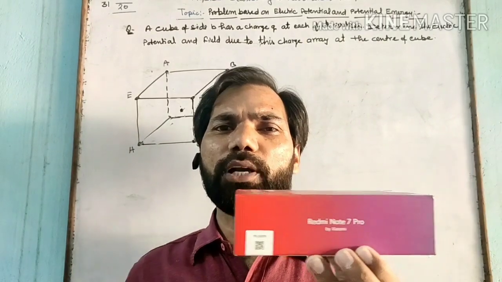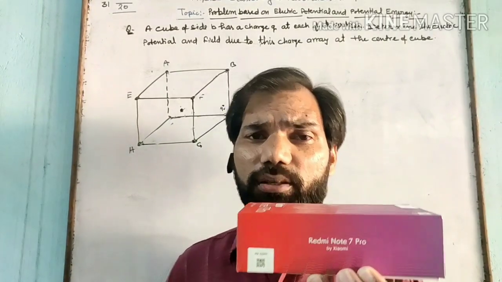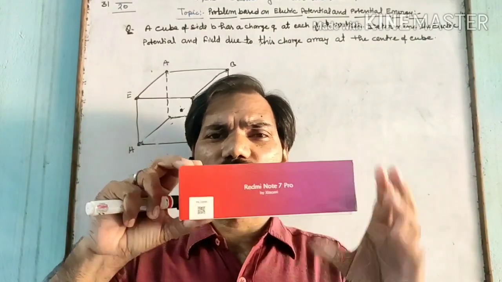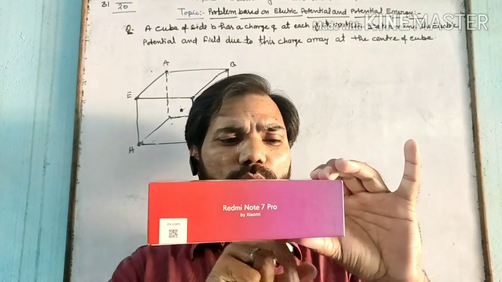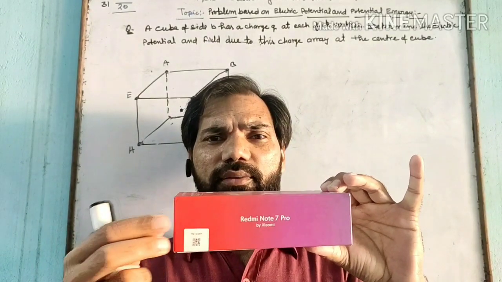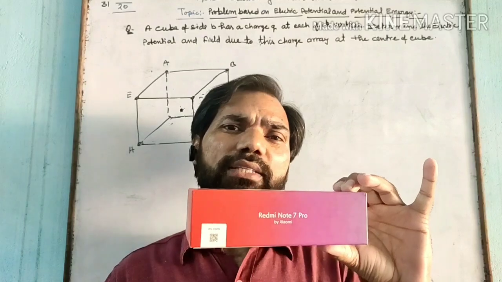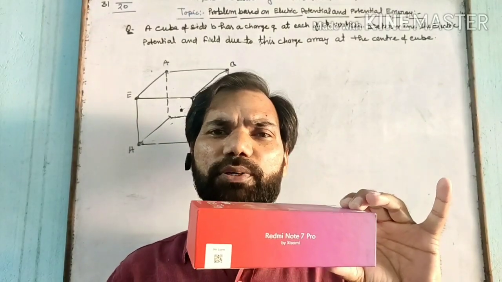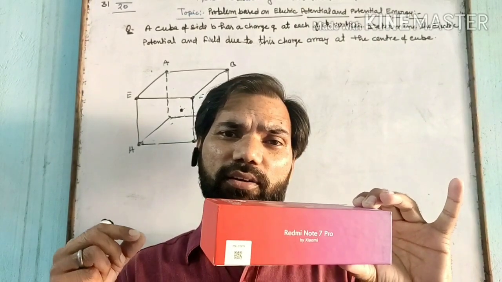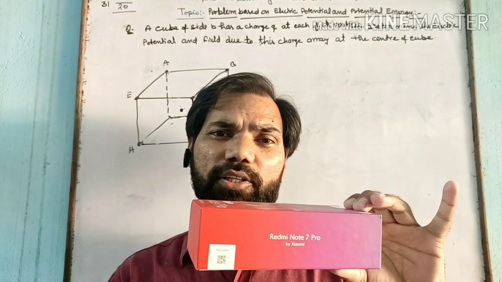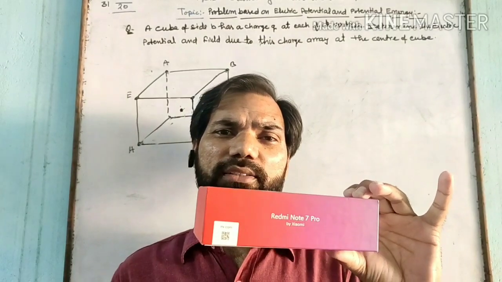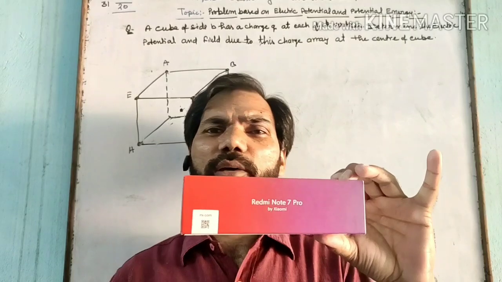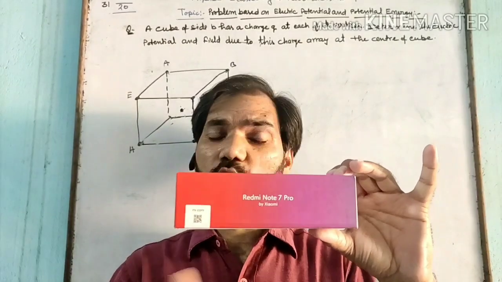So let me first of all find where the center of the cube or cuboid will lie. From the structure it is clear that if we join the diagonals, meaning opposite vertices, the line is called a diagonal, and the point where the diagonals intersect will necessarily be the center of the cuboid or cube.